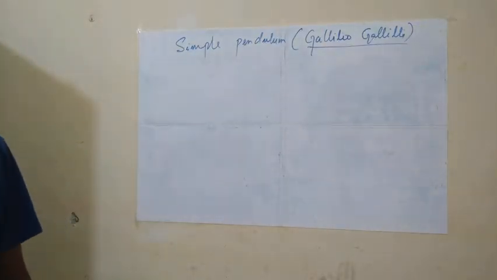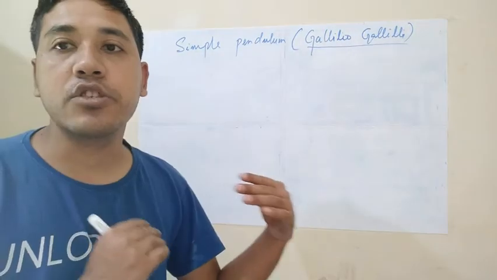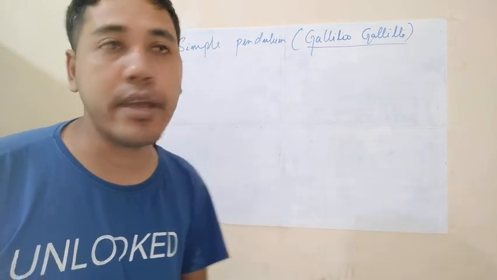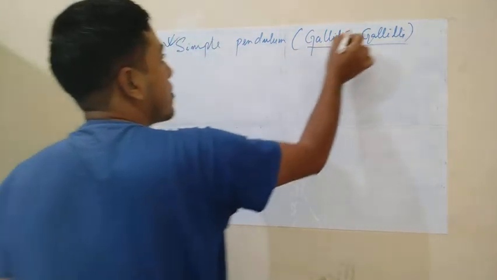We started the measurement of 1 hour, 1 minute, and 1 second. This is the simple pendulum which was discovered by Galileo Galilei.